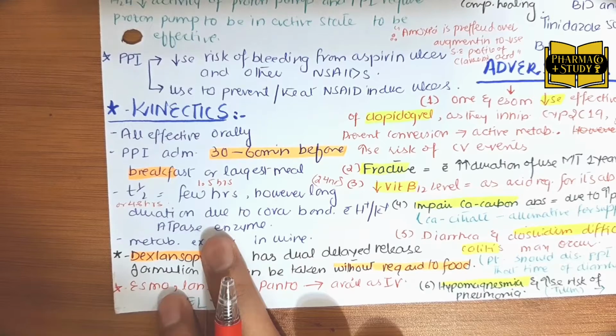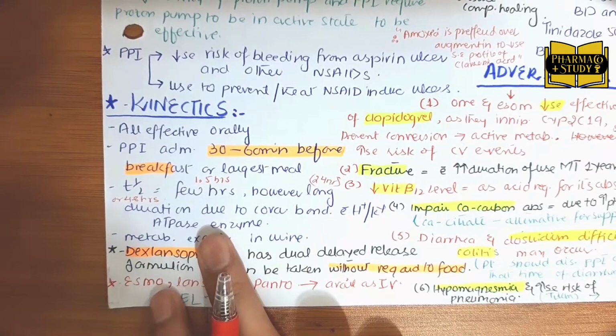It has to first move to the duodenum, then be absorbed into the body circulation, then circulate in the body, and then come toward the stomach and the parietal cell, and in the parietal cell it gets activated. So these drugs need to be administered 30 to 60 minutes before breakfast.